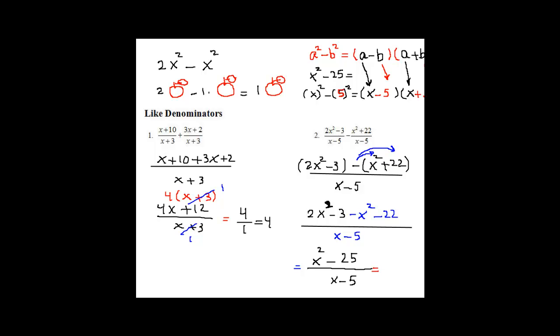So in this case, if I factor this, you see I can reduce this. I can factor to x minus 5 times x plus 5, and then reduce x minus 5 like this. And then the whole thing would be equal to x plus 5 over 1, or just simply x plus 5.